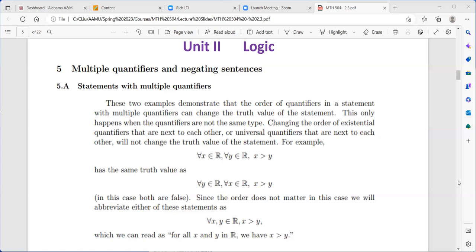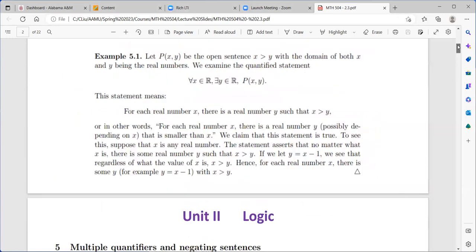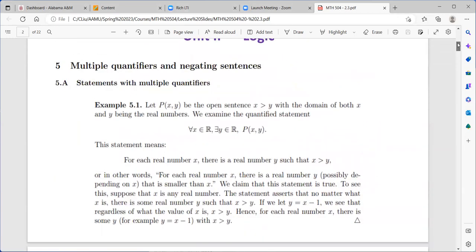We have already seen one example last time. So when you have a statement with multiple quantifiers, if you change the order of the quantifiers, then the truth value of the statement will change. I don't know whether this was the example we did last time or not. I think probably not. We talk about a different example.